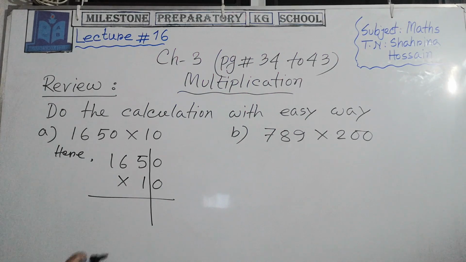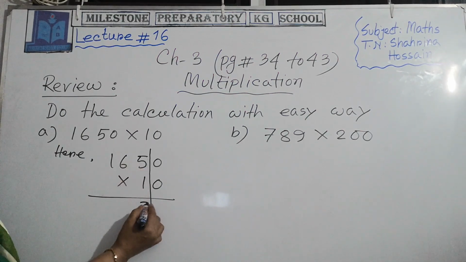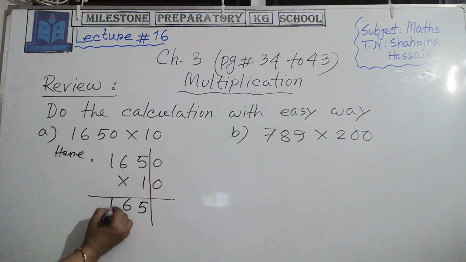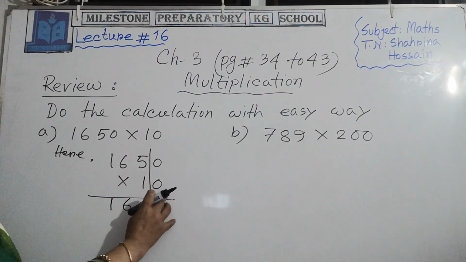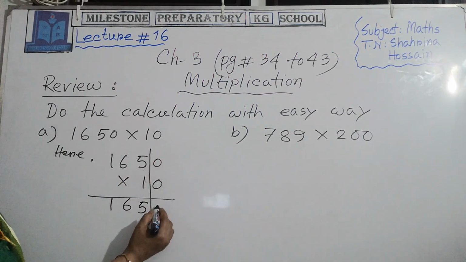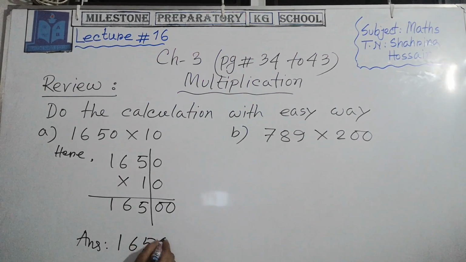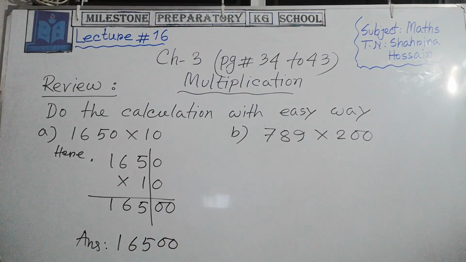Okay? 1 5 is 5, 1 6 is 6, and 1 1 is 1. Here how many 0? 1, 2. So I will put there 2 zeros. So my answer is 16500. By this way, we can easily find the calculation. This is the easy way to multiply.